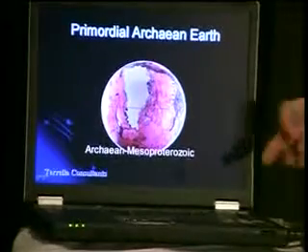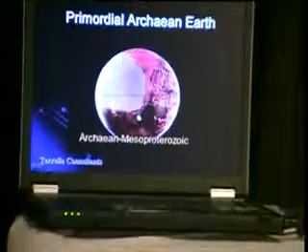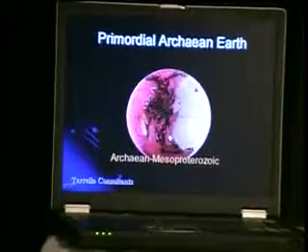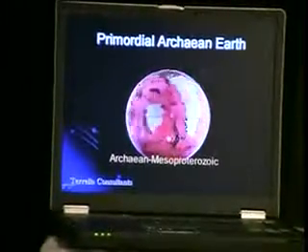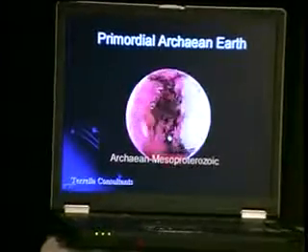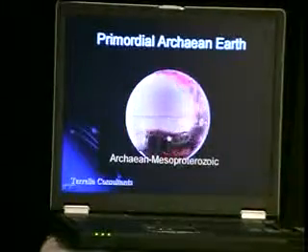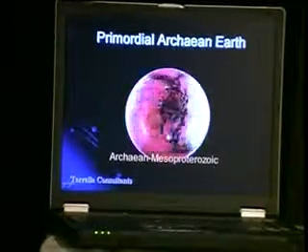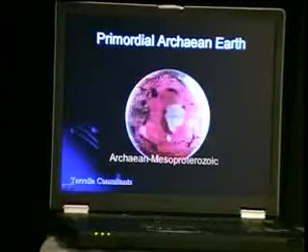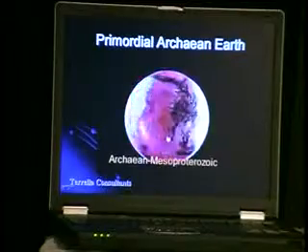So this is what the primitive Archean Earth looks like. The radius is around about the same size as the Moon, the present Moon, about 22% of the present Earth radius. And this one model represents the Archean to Mesoproterozoic, and that's about 4,600 million years ago to 1,600 million years ago.